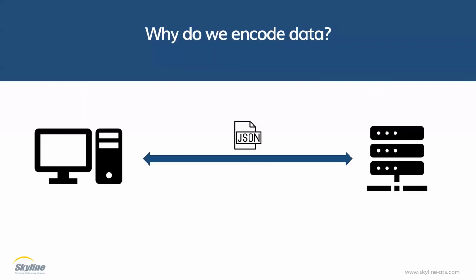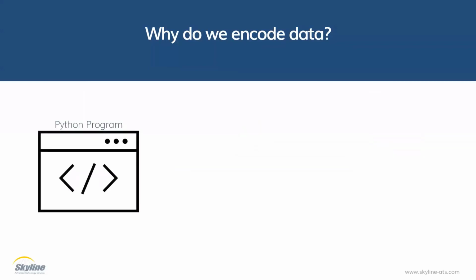Same thing, if the network device is going to send information back to my application, it needs to be encoded into a format so that my application understands how to parse it. When sending encoded data from a Python program to a network device, for example, I might have an object in Python that is a name.